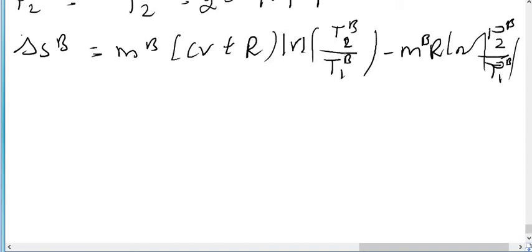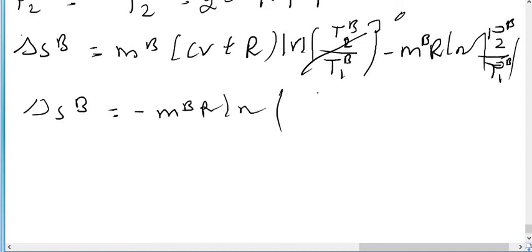The temperature is constant, so this is 0. So the entropy of B is equal to minus MB R ln PB2 over PB1.